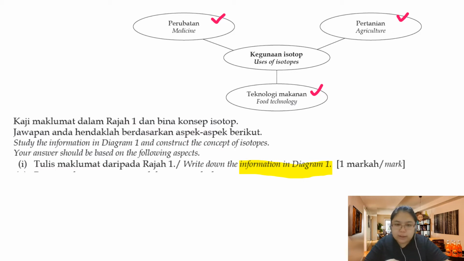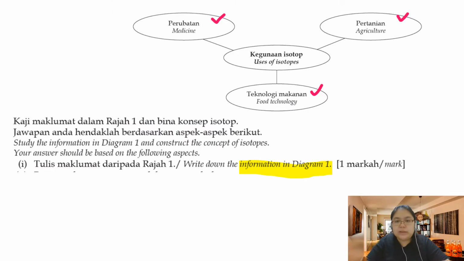The first one, you need to write down the information from diagram 1. So from diagram 1, what information do you get? We see they show some examples of isotopes. So from here, we create one sentence related to the diagram. Your answer can say medicine, agriculture, and food technology are uses of isotopes.